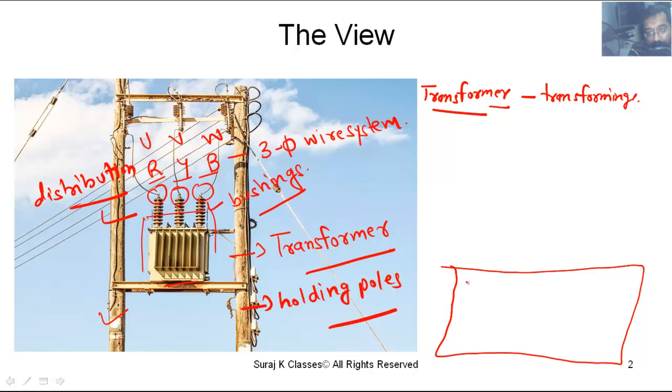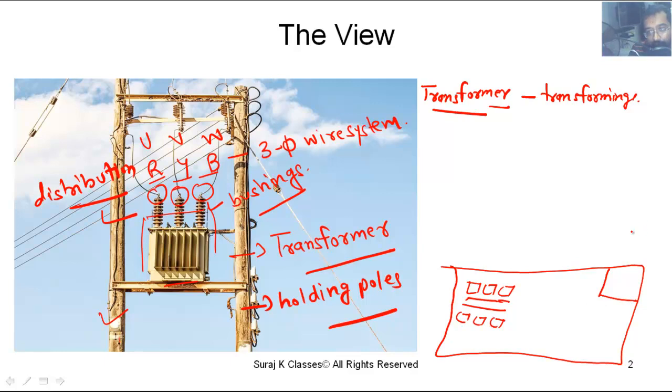There is a small society or your town road with a number of houses, and you must have encountered this type of transformer at the entrance or the ending of your colony, or wherever the lines are going.